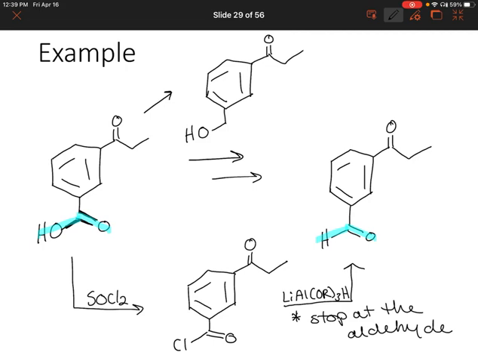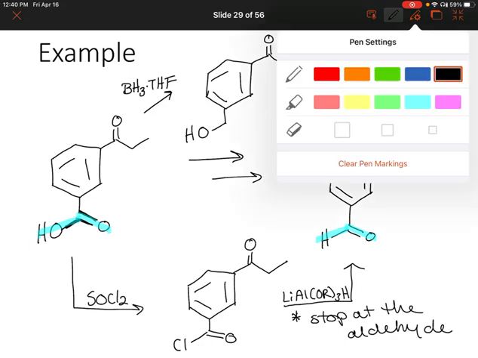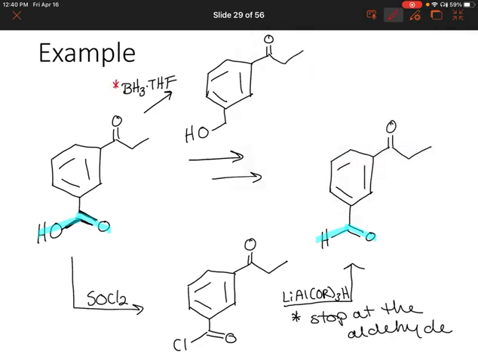So remember at the very beginning of this carboxylic acid chapter, we said that we could use borane tetrahydrofuran to only react with the carboxylic acid. So that will leave the ketone untouched, which is what we want.